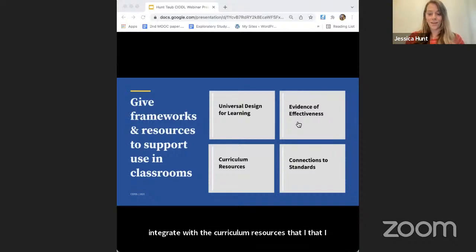So I think frameworks or tools or ways to help teachers see, whether it be through connections to standards or something else, how the use of games really connects to the good things that they're already doing becomes really fundamental.